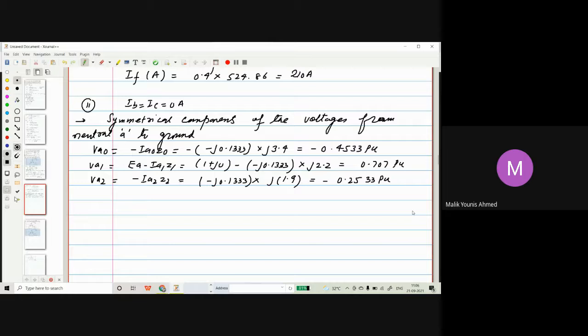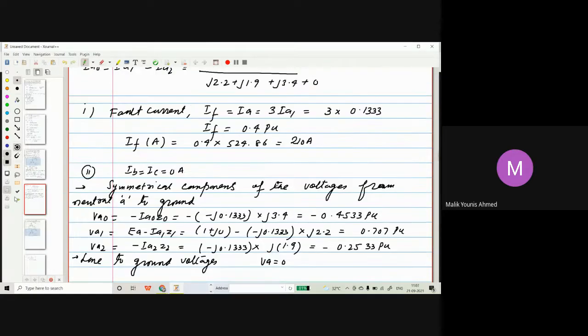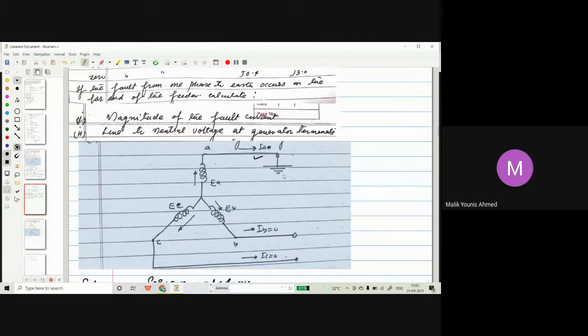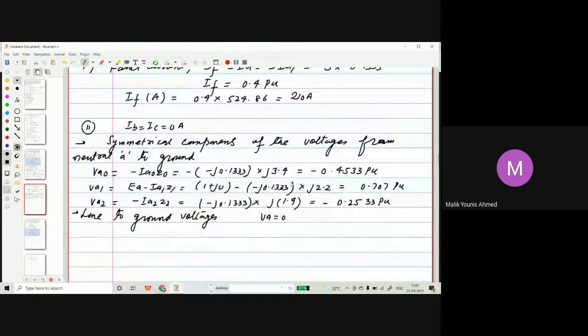Next we have to find the line to ground voltages. VA is 0 because that is the grounded phase. The voltage in the phase that has been grounded will not be there in case of a line to ground fault. So VB we know is VA0 plus A squared VA1 plus A VA2.